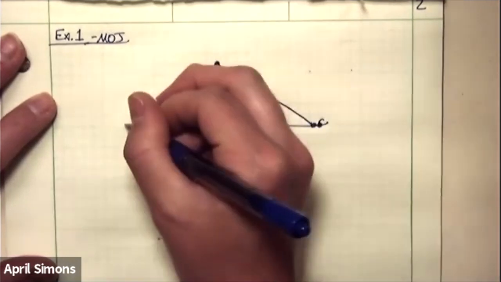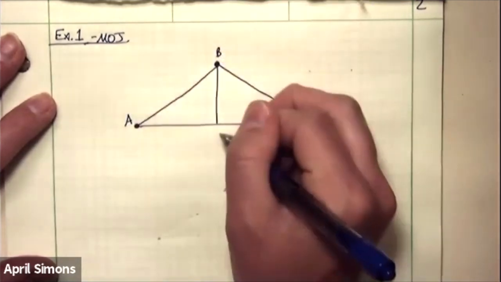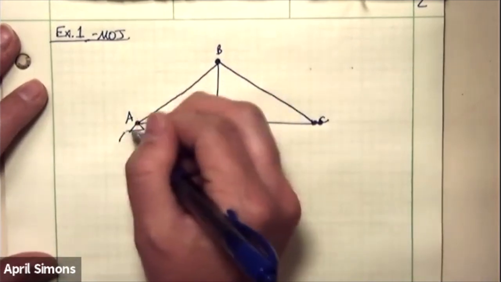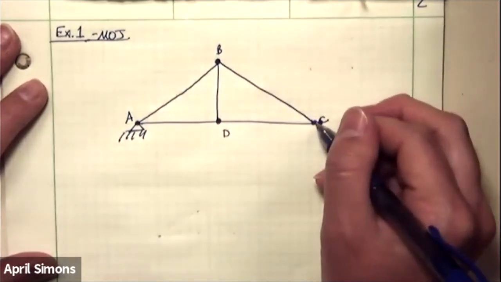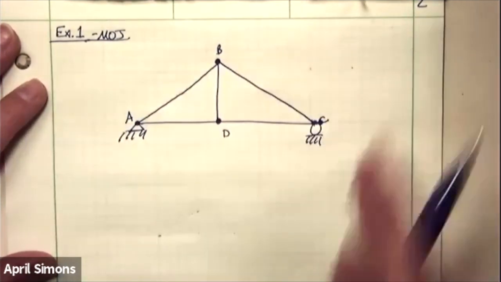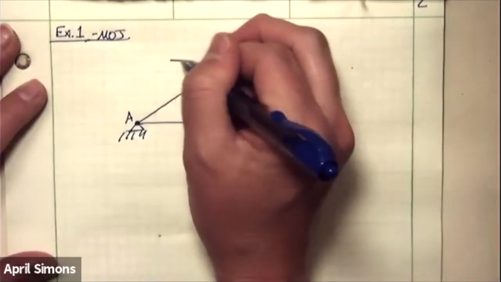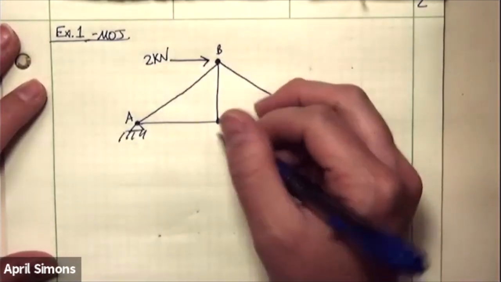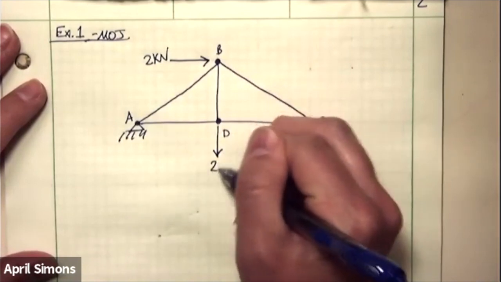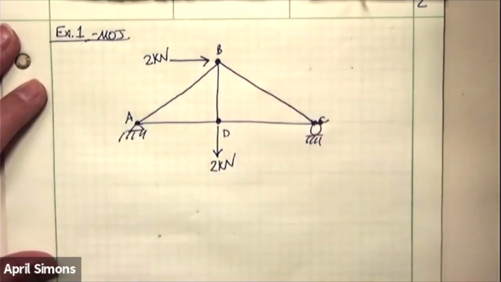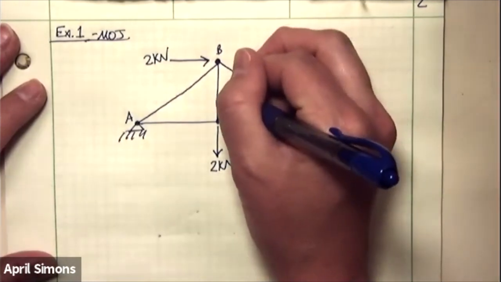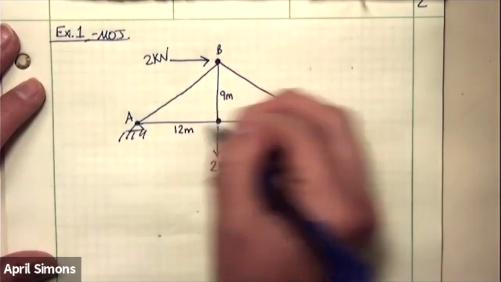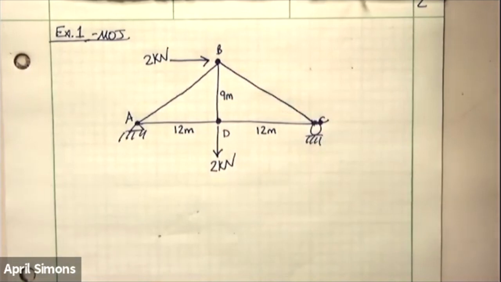Call this A, B, C, D. We have a pin at A and a roller at C. We're going to have a 2 kilonewton force applied horizontally at B and a 2 kilonewton force applied vertically downward at D. This segment is 9 meters long and we have 12 meters here.